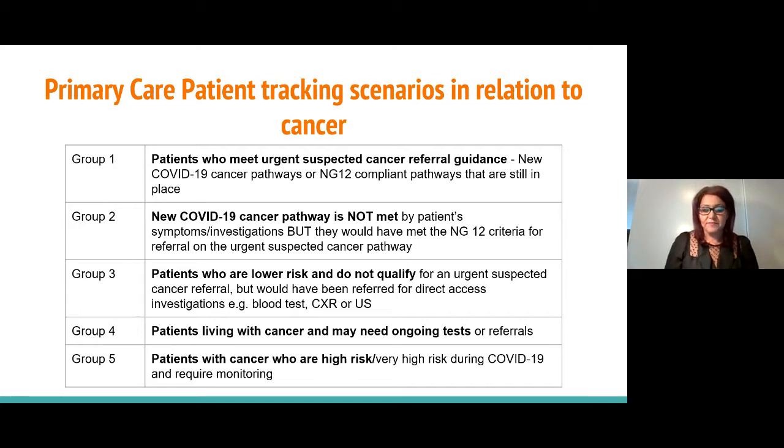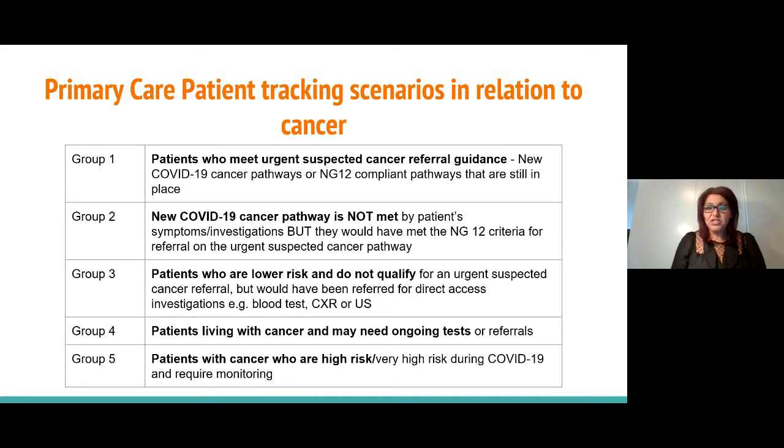Group 2 are the patients who fit the new COVID cancer pathways, but the new cancer COVID pathway is not met by their current symptoms, but traditionally they probably would have been able to be referred on a traditional 2-week wait pathway. So as we know, they've become a bit more selective in this current time. So group 2 are for those patients.